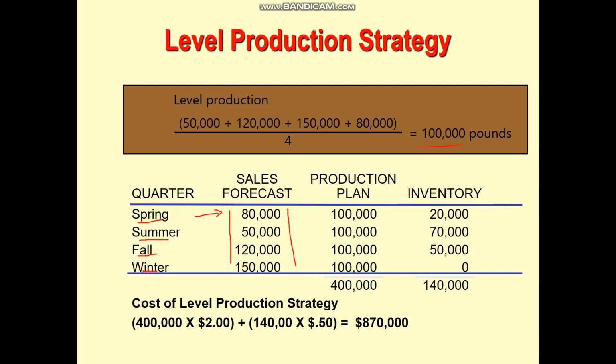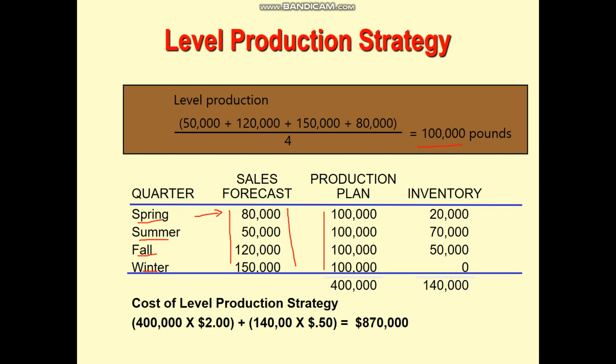So we take 80,000 plus 50,000 plus 120,000 plus 150,000, divided by 4. We have 100,000 pounds. So we decide to produce 100,000 pounds every period of time. And when we produce at this level, we will determine the inventory.